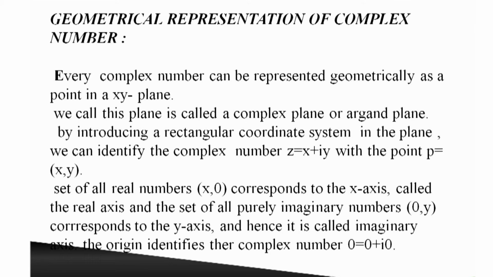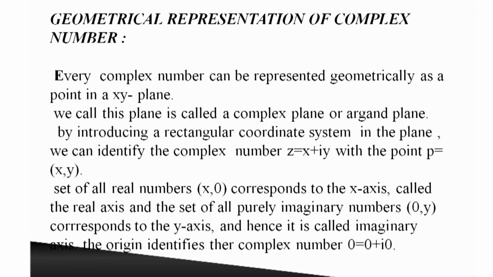It lies in the first quadrant. Similarly, 1 minus root 3 i represents a point in the fourth quadrant, that is 1 comma minus root 3. So, every complex number you can represent in the complex plane.